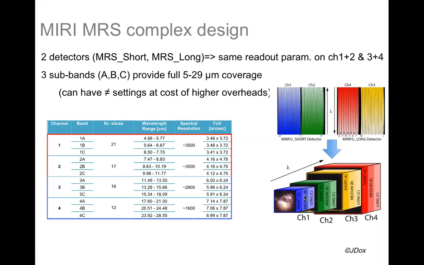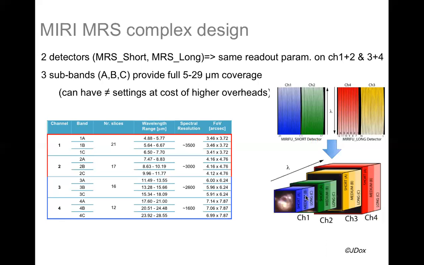So the different bands can have different settings because they are done one after another, but it's not recommended unless you have specific requirements, because it will induce longer overheads. So what you have to take out from this very complex design is the MRS is made of 4 IFUs with different but concentric fields of view.